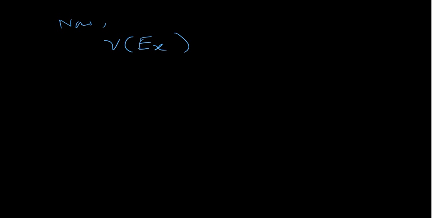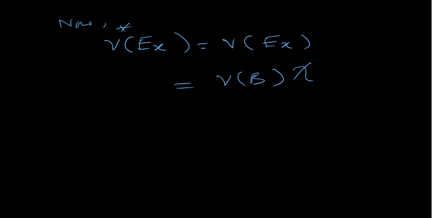So nu star is same as nu on sigma, or you can write it as nu star, there's no harm, which is equal to nu of Ex, and that is equal to nu of B into the characteristic function of A at x.